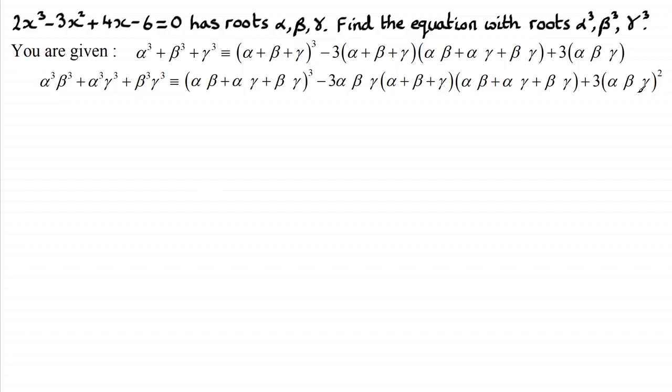Now, I'm giving you these two identities without proof, but if you do want to check how these are proved, do have a look at the links in the description to those particular proofs.